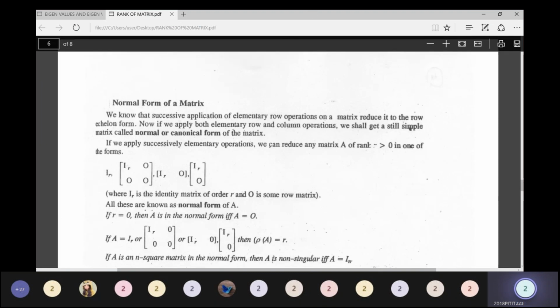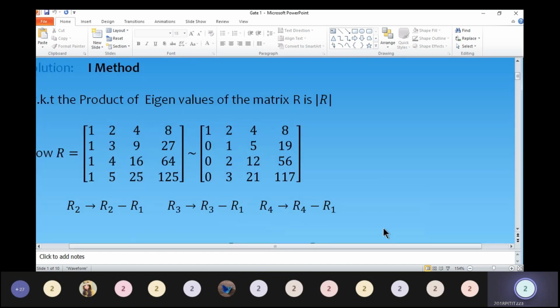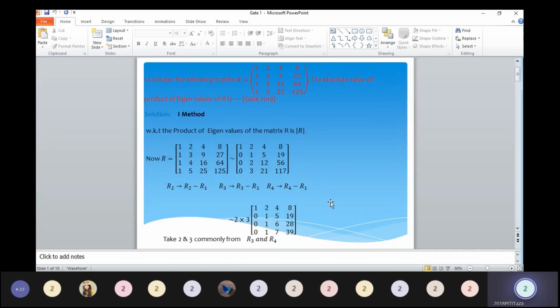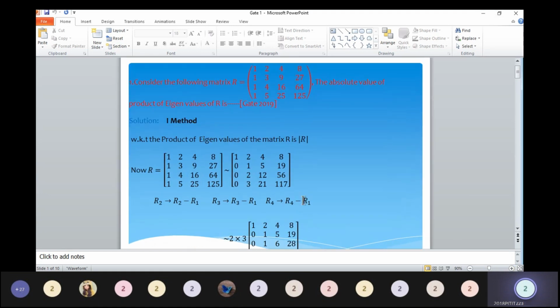So we will go to the problem, then we will come again to the theory part. First problem: consider the following matrix R equal to 1, 2, 4, 8; 1, 3, 9, 27; 1, 4, 16, 64; 1, 5, 25, 125.